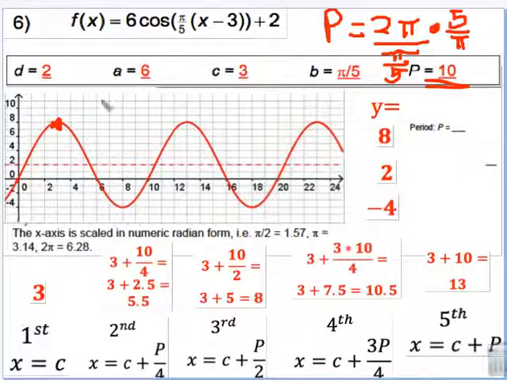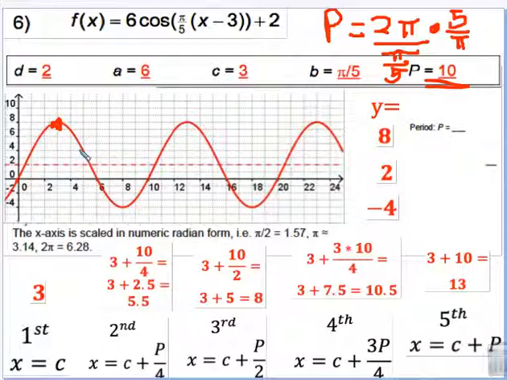And notice this is cosine again. We have a positive amplitude, or a value. So we're starting with the maximum point at 3 and 8. Our sinusoid is at 2, our maximum is at 8, and our minimum is at -4.